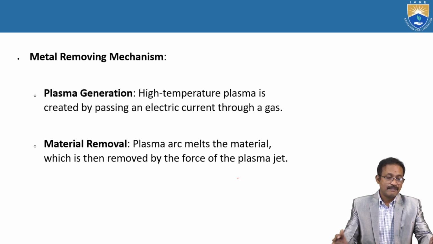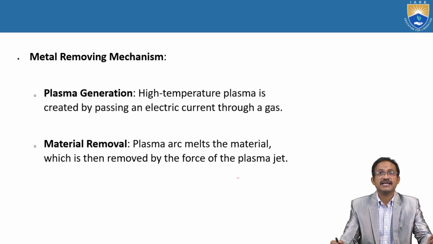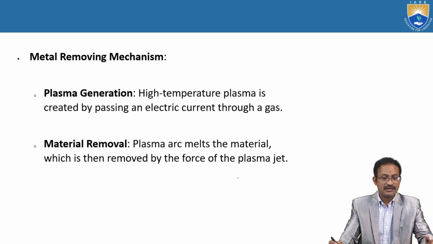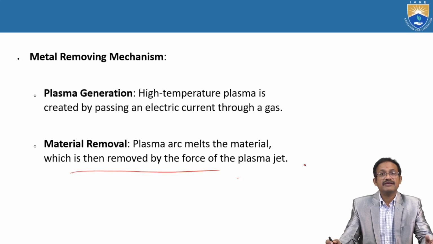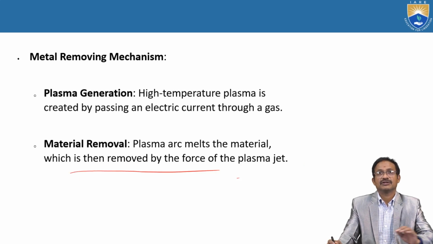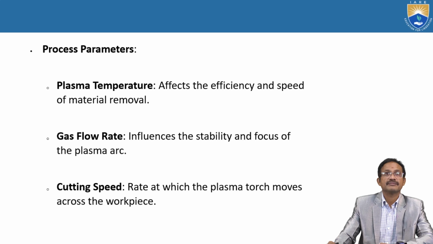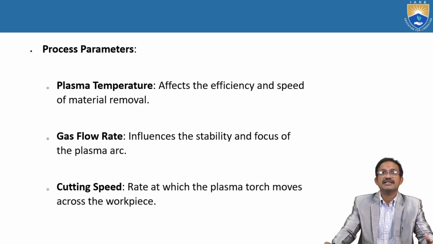Plasma generation: high temperature plasma is created by passing an electric current through a gas. Material removal: the plasma arc melts the material, which is then removed by the force of the plasma jet. Next, process parameters. Plasma temperature affects the efficiency and speed of material removal.